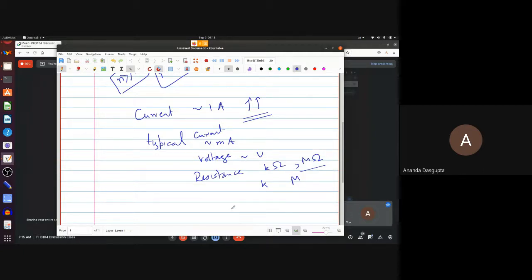By the way, this is the unit for resistance. What is the unit for conductance? Mho, which is of course ohm spelled in reverse.